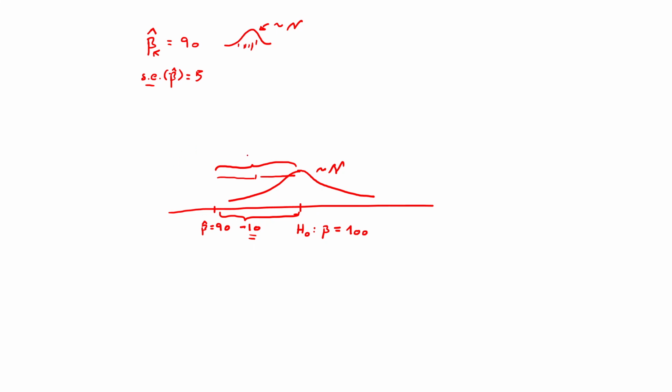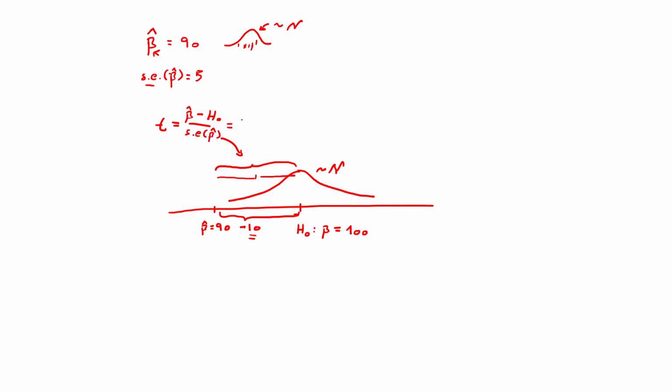This is coincidentally equal to the t statistic, which is just the sample beta minus the null hypothesis beta divided by the standard error of the sample beta.